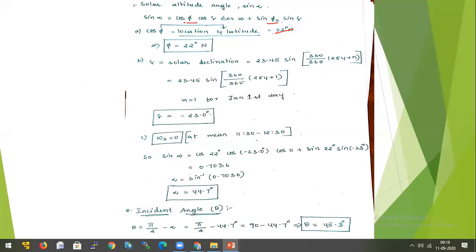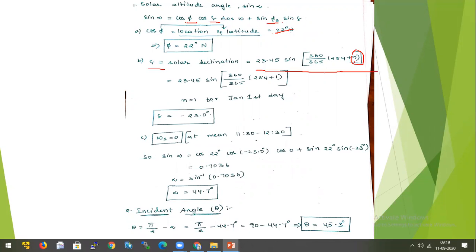Next, we have to find xi, which is called the solar declination angle. The formula is 23.45 sine of 360 by 365 into 284 plus n. Here we only need the n value, so we have to know the day.